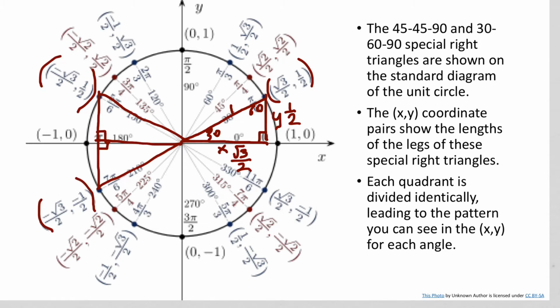All right, and then I can reflect this triangle here across the x-axis and get this triangle in the fourth quadrant where your x-coordinate is positive and your y-coordinate is negative. So that's how we get those coordinates from the Pythagorean theorem using a 30, 60, 90 triangle with the radius of 1.